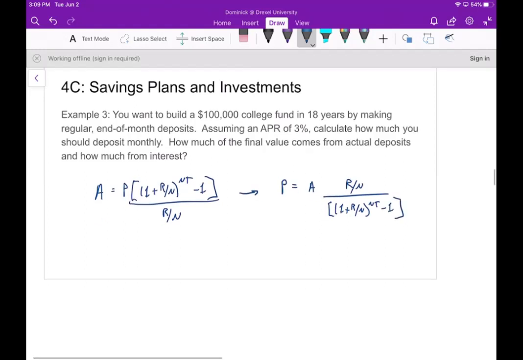All right, so here we know that A is 100,000. Right, we know that our R is 3%, so that's 0.03. End of the month again, so N is equal to 12, and T is equal to 18.